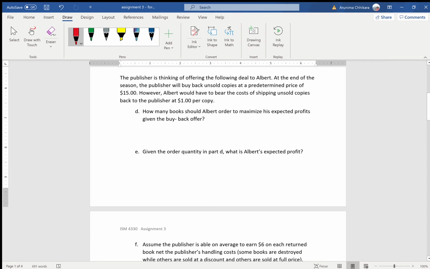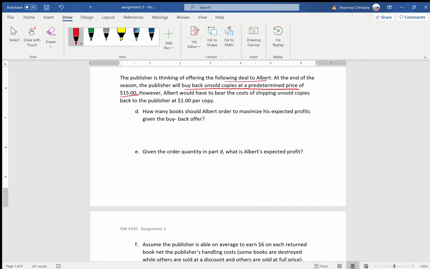So that was the first three parts. Then the question gives some additional information: the publisher is now thinking of offering the following deal to Albert. At the end of the season, the publisher will buy back unsold copies at a predetermined price of $15.